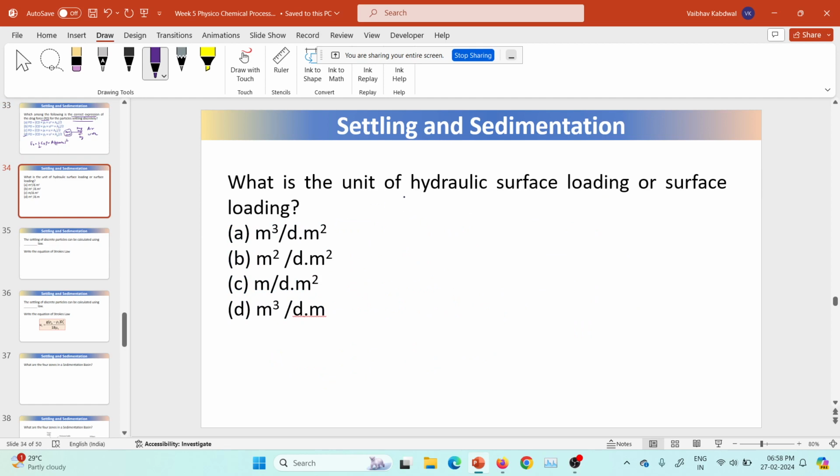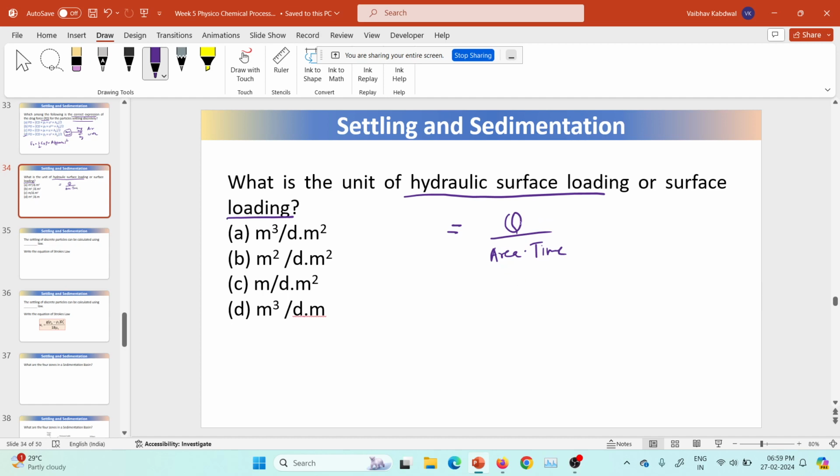What is the unit of hydraulic surface loading or surface loading? The units are in terms of how much volume is supplied in a unit area per unit time.